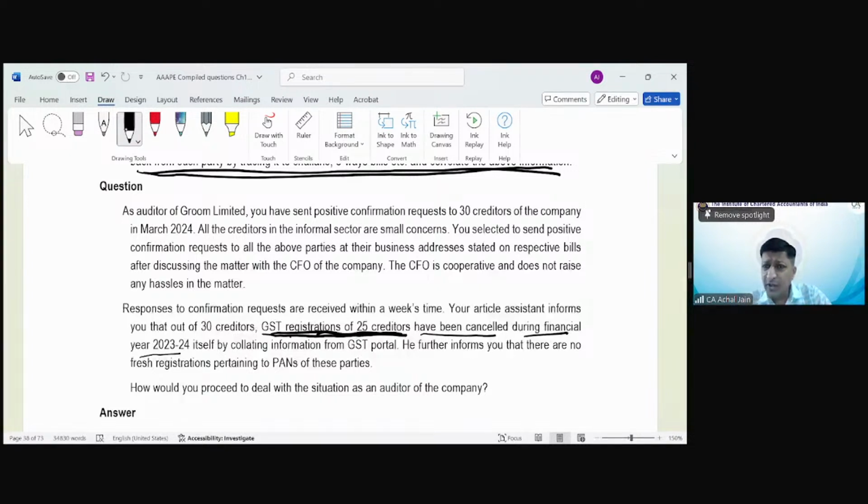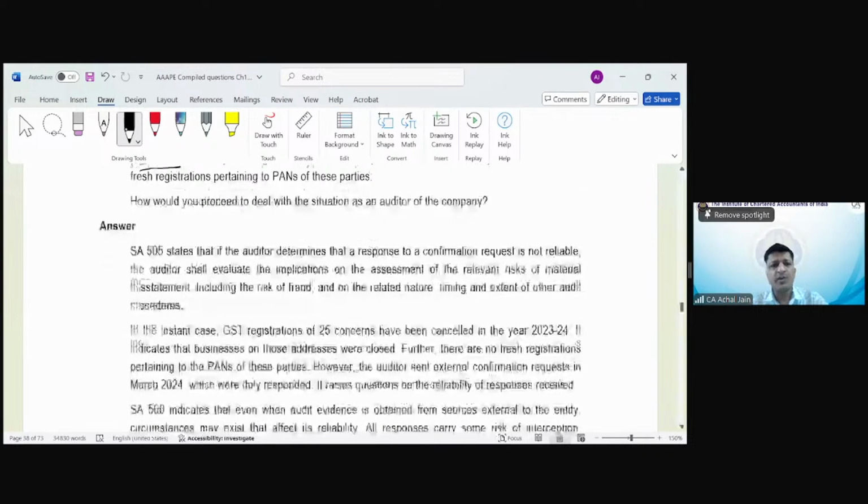Okay, but as an auditor, what do you do? Anyone else? No? So let's look at this.